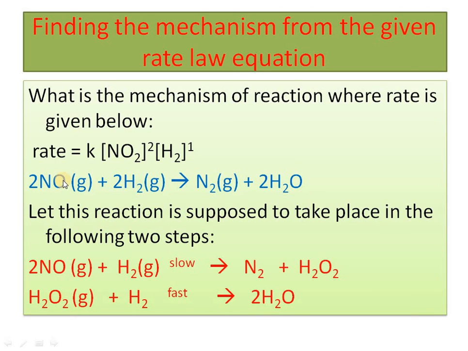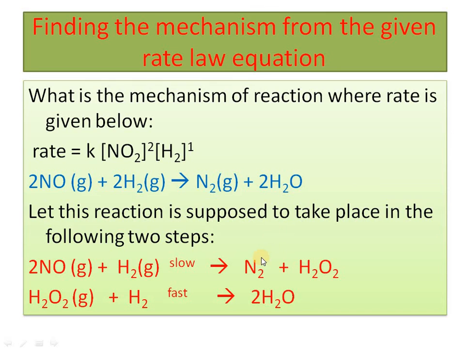Now what we are doing is taking one reactant as NO, and here actually this is NO, not NO2. So NO is taken and hydrogen. So 2 NO, rate = k [NO]^2 [H2]^1. The slow step gives one product and one intermediate, and that intermediate reacts with another reactant to give the product.